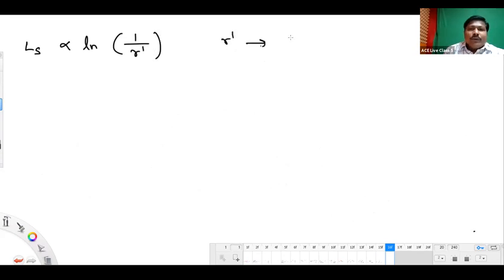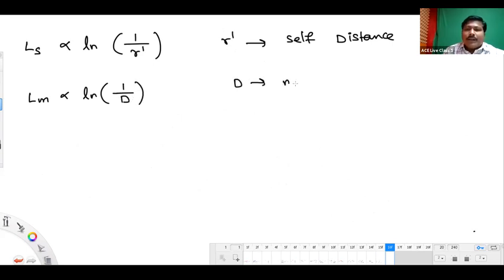That R dash is going to be called the self-distance. Whereas mutual inductance is proportional to ln of 1 by D, and that D is going to be called the mutual distance. I'll show in the next slide: self-inductance is proportional to ln of 1 by r dash, the self-distance, and mutual inductance is proportional to ln of 1 by capital D, the mutual distance.